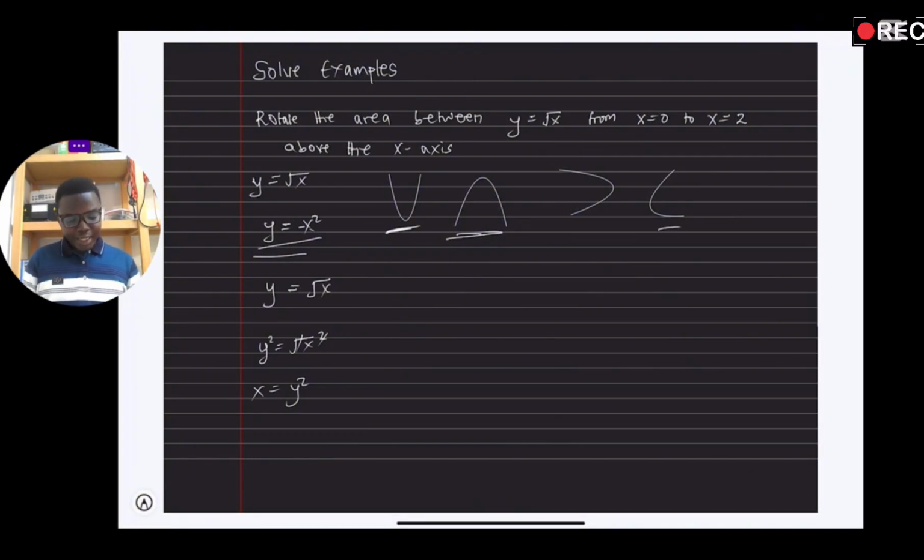And if the coefficient is negative, the graph opens to the left like this. So in such a case, when we find the turning point, that is, when we differentiate it with respect to y, that is dx/dy, we will have the turning point to be 0, 0. It means that the point at which it's supposed to turn will be 0. Is that okay? So based on that, we will have to do that.